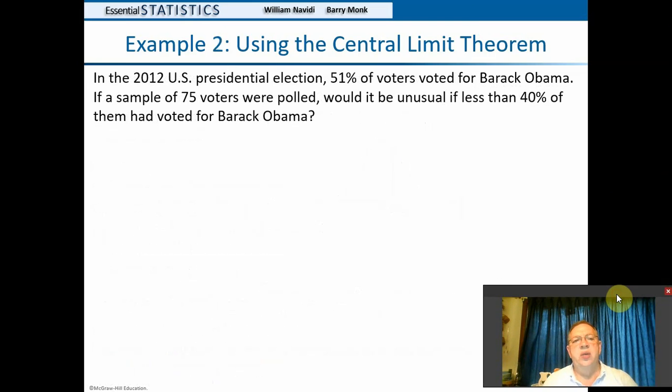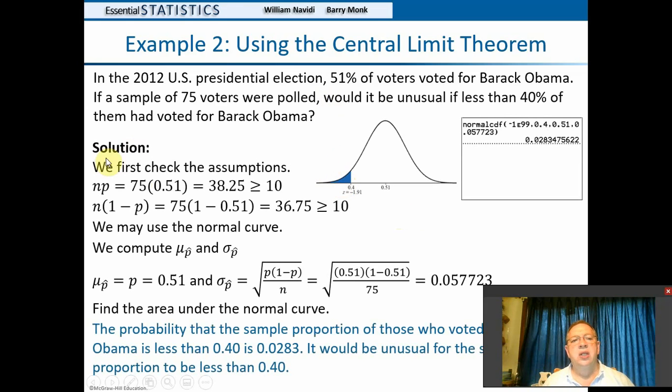In the 2012 U.S. presidential election, 51% of voters voted for Barack Obama. If a sample of 75 voters were polled, would it be unusual if less than 40% of them had voted for Barack Obama? So let's check our assumptions. n times p, n times 1 minus p.